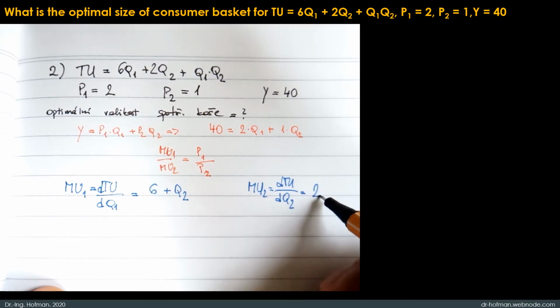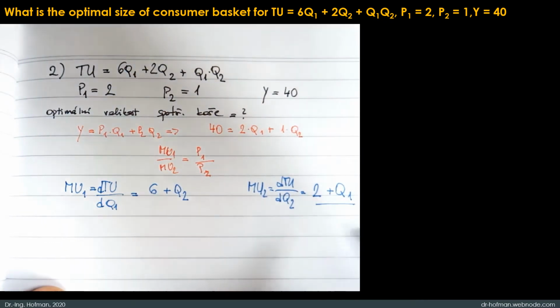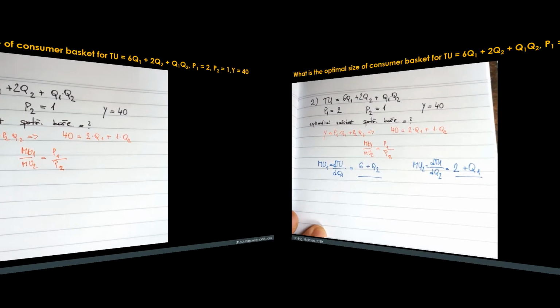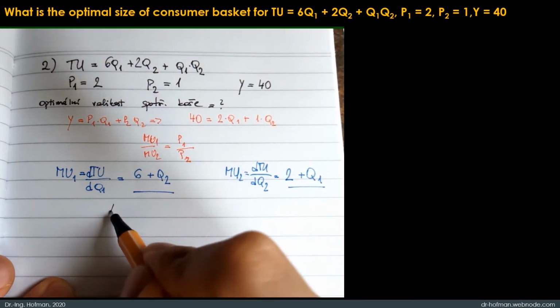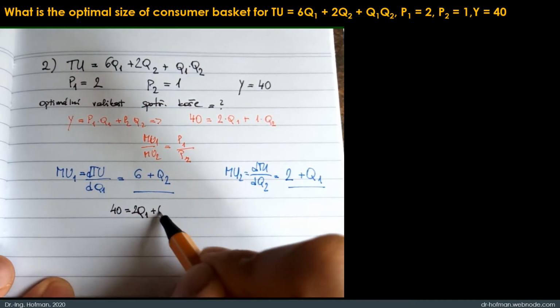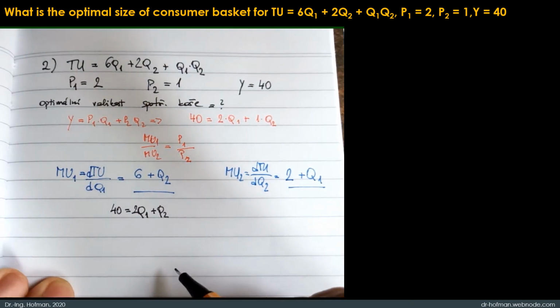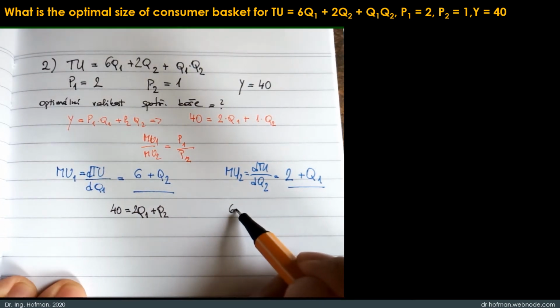Let's have a simple system of equations now. So 40 equals 2Q1 plus Q2, derived from the prices 1 and 2.